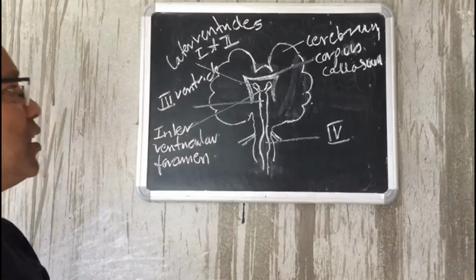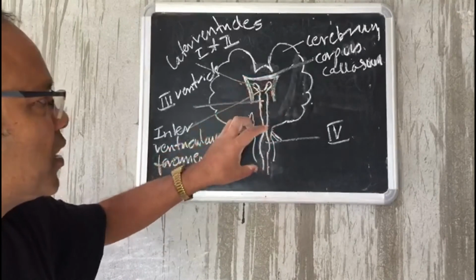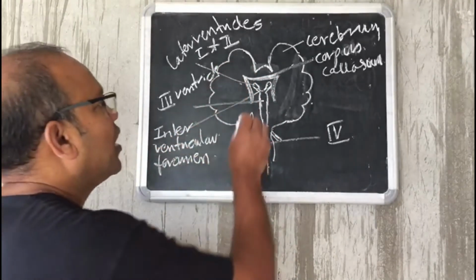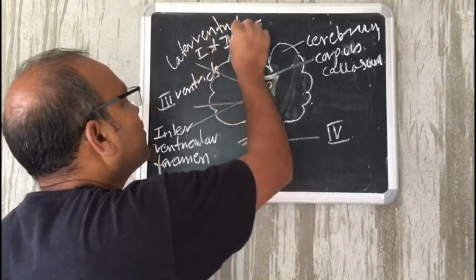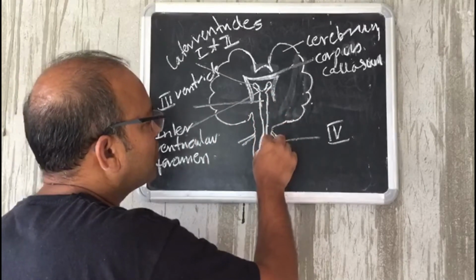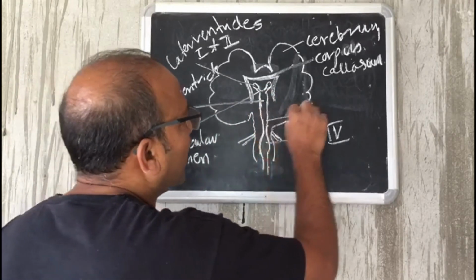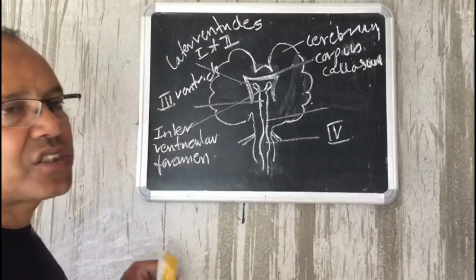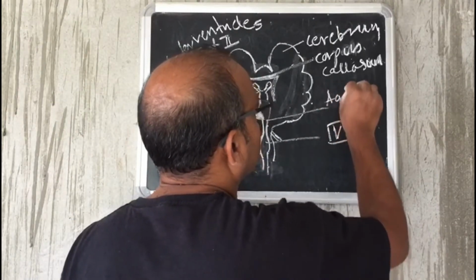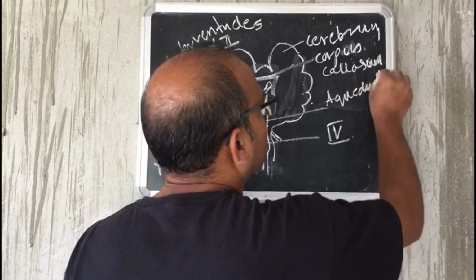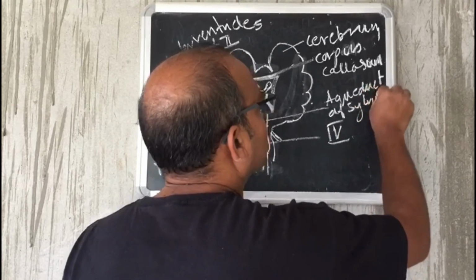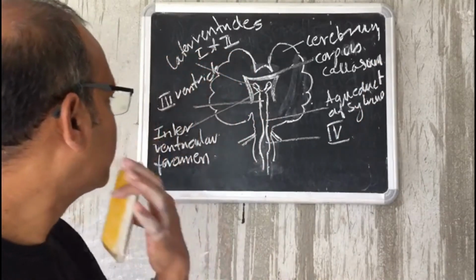So basically, these spaces inside the brain, here I have drawn very small, they are slightly larger than this. The two lateral ventricles, 1 and 2, then we have the third ventricle. This third ventricle continues to form the fourth ventricle, and the duct that connects the third ventricle and the fourth ventricle is called aqueduct of Sylvius.